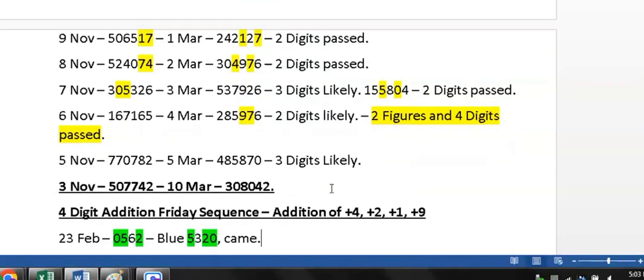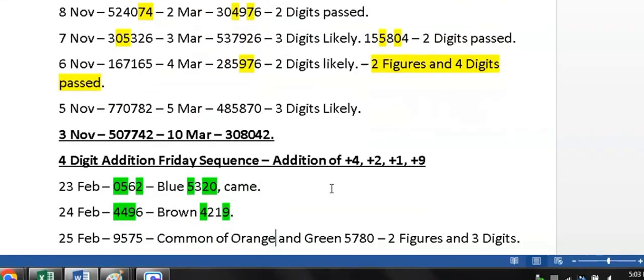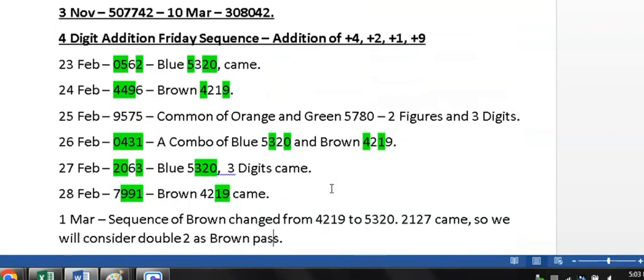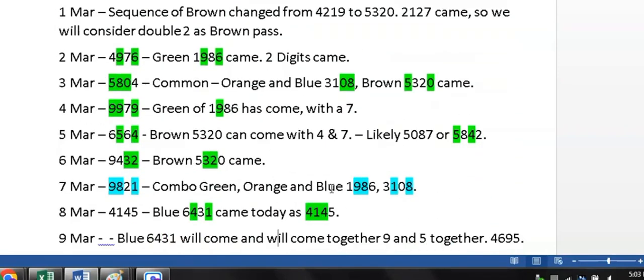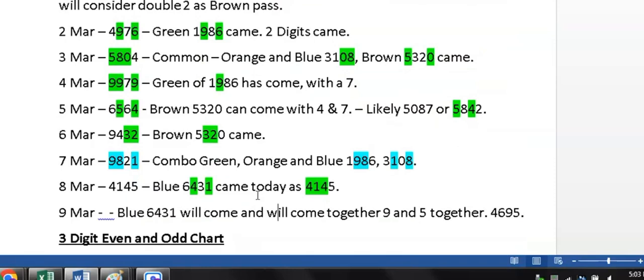You can see here the sequence coming out shows as 308042. Ideally, I do not look into even numbers for tomorrow.